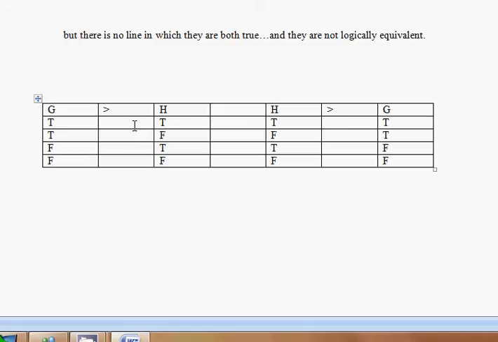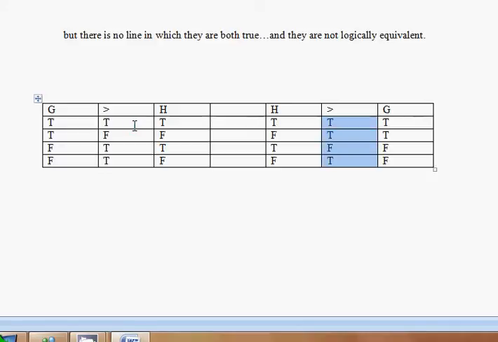So G horseshoe H, once again, 4 lines. In this case, we're going to go true, false, true, true. And over here, we're going to go true, true, false, true.